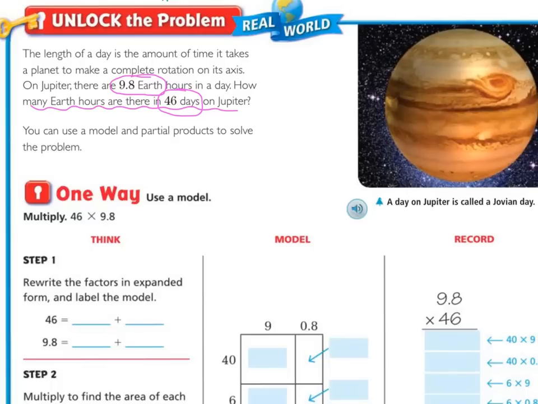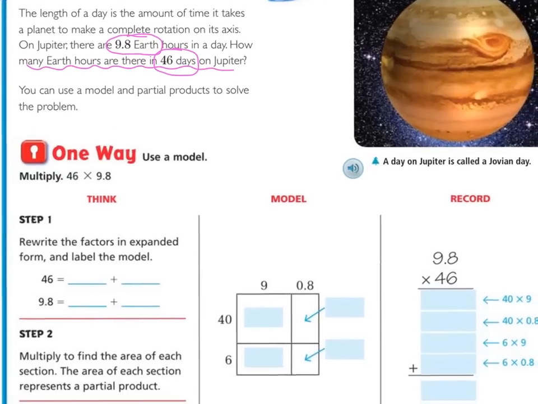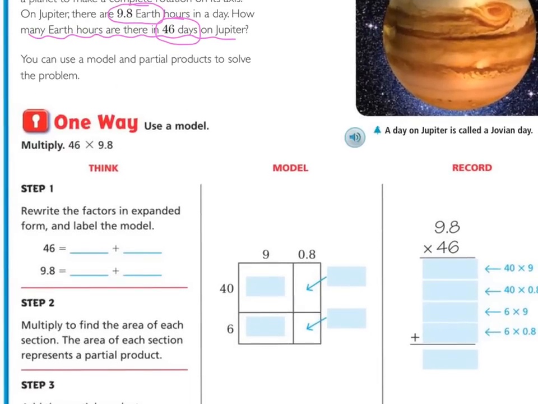And so the problem we're finding is 46 days times 9 and 8/10 hours. So first thing that we need to do, step 1, using this strategy, is to rewrite the factors in expanded form. Now remember, each of these is a factor.